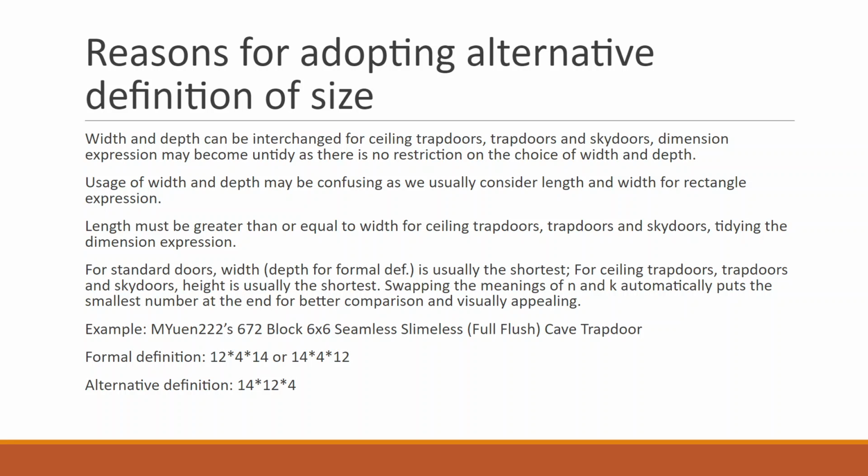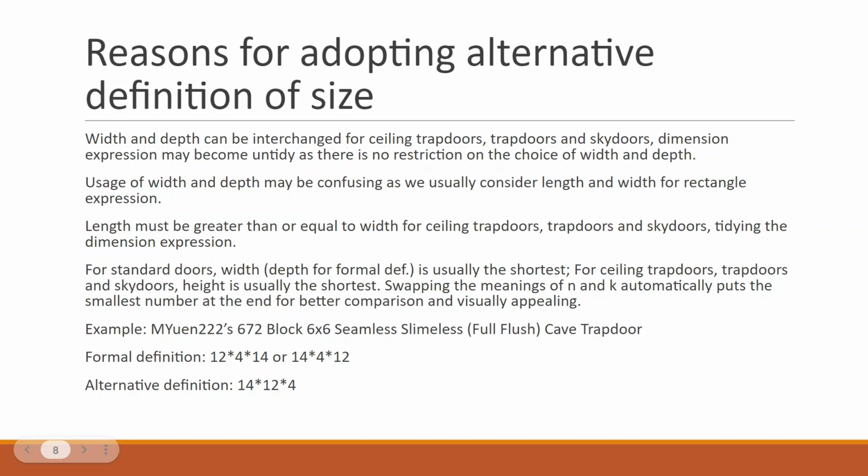This is how your math teacher teaches you: the longer side would be the length and the shorter side would be the width. So this also means length must be greater than or equal to width for ceiling trapdoors and sky doors. This also tidies the dimension expression.